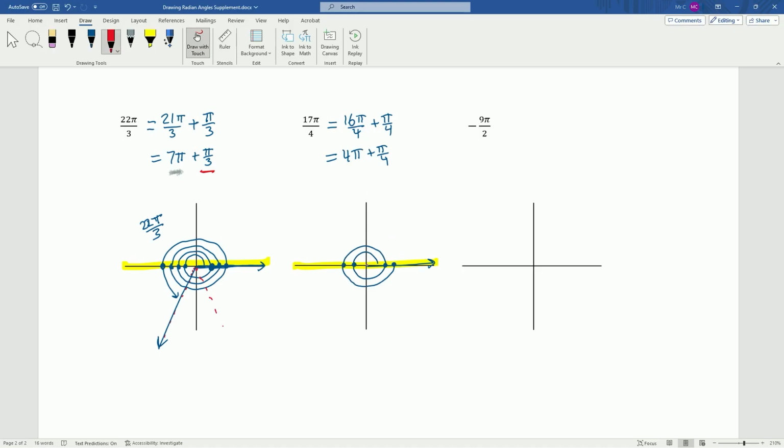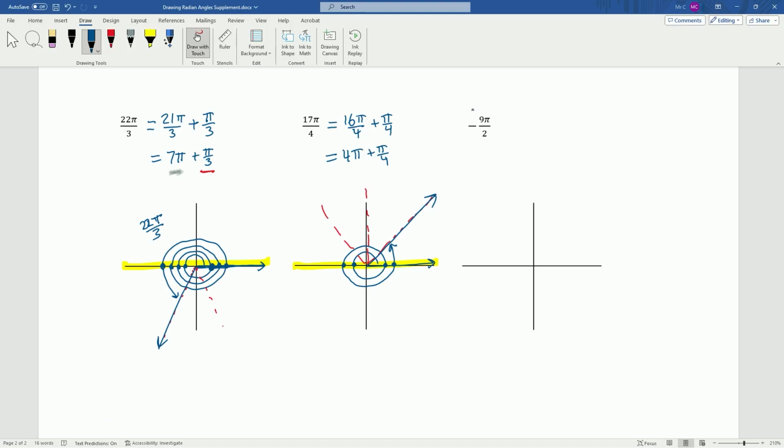And then we divide this into 4 pieces. All right, so now we've got 1, 2, 3, 4 chunks. And we go through 1 additional fourth of π. That's our terminal side. And so altogether that angle is 17π over 4.